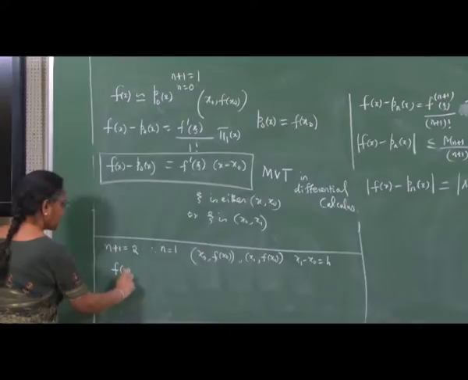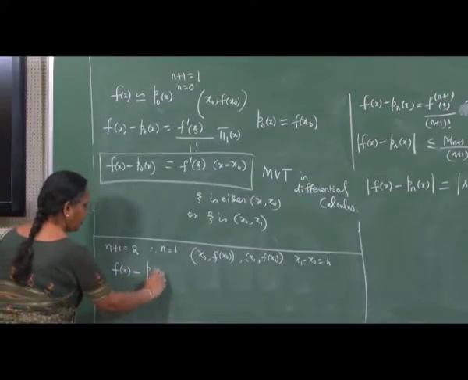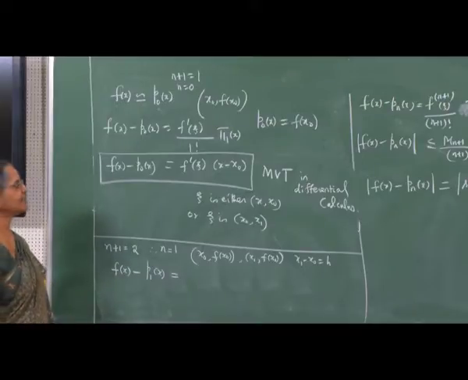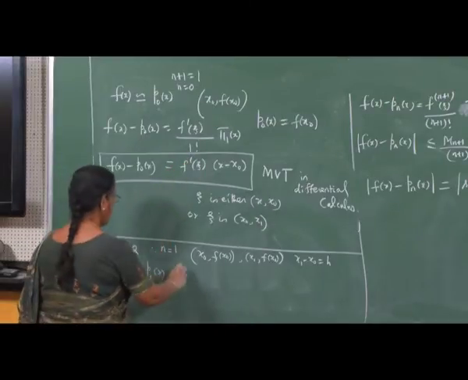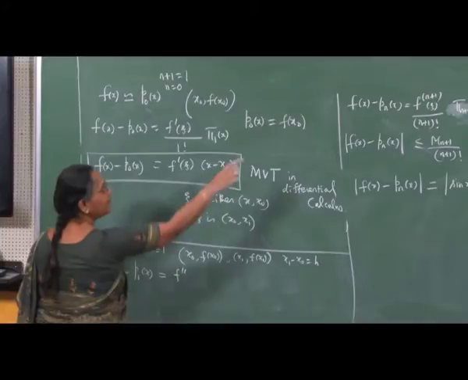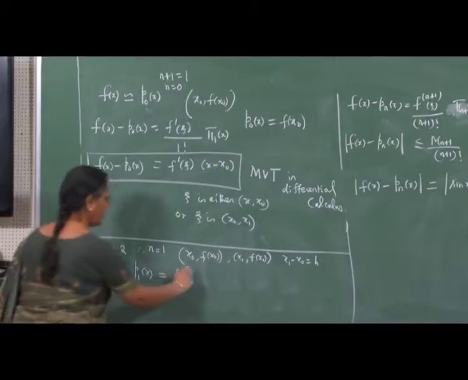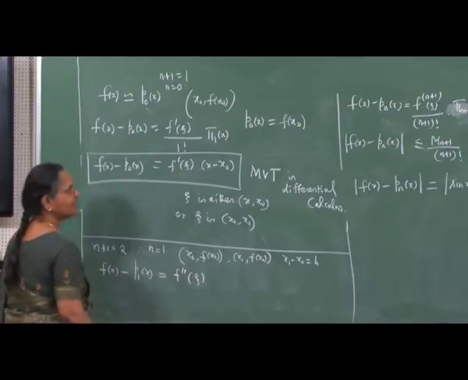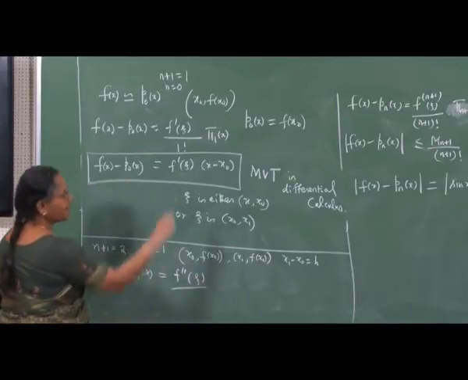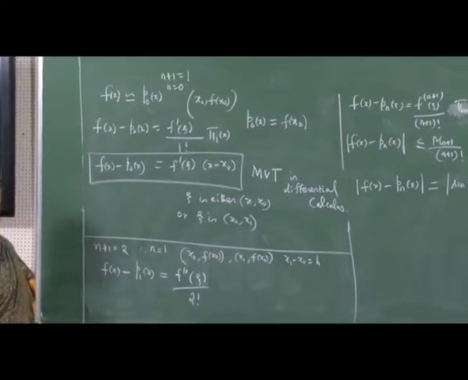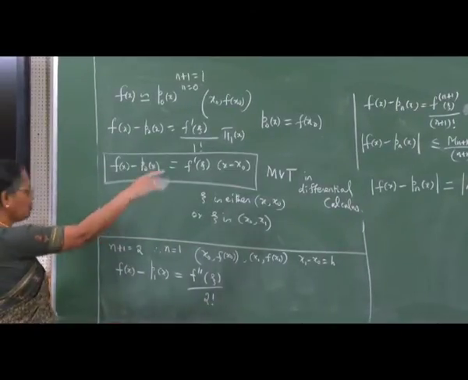So, f of x minus a polynomial of degree 1, which I denote by p 1 of x, is equal to the n plus 1th derivative of f, that is the second derivative of f at some psi, divided by n plus 1 factorial, so 2 factorial, into pi 2 of x.